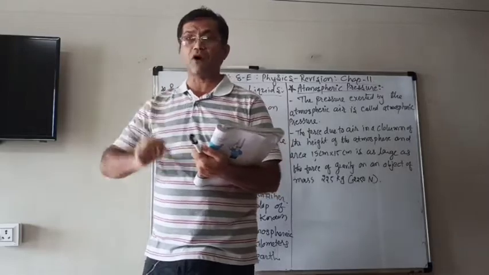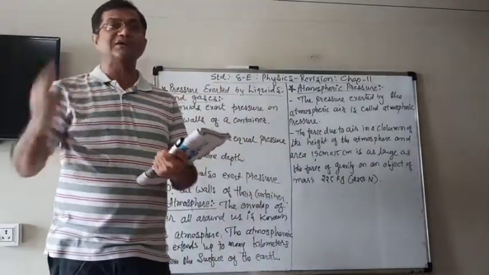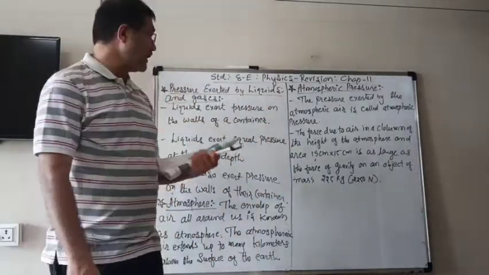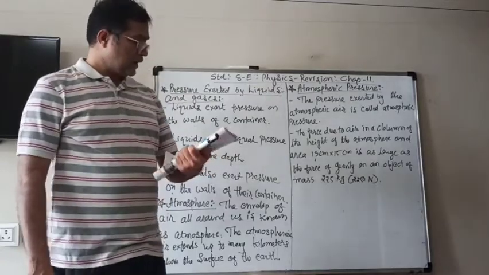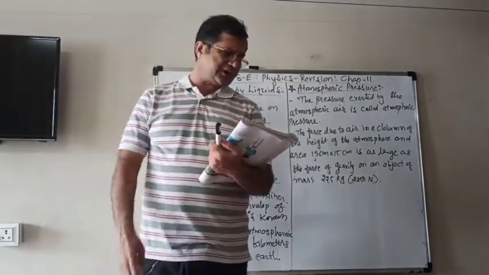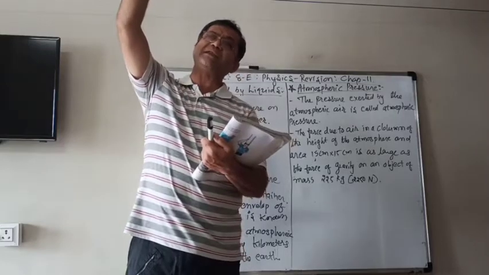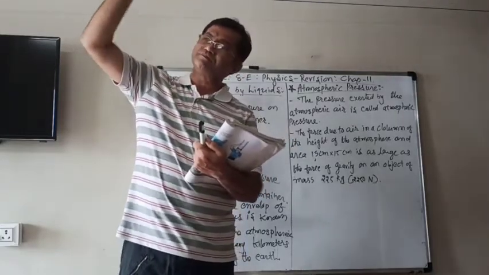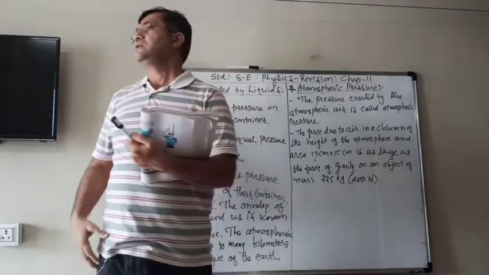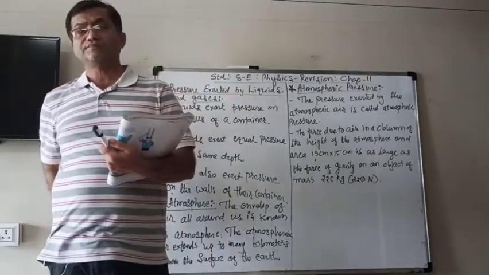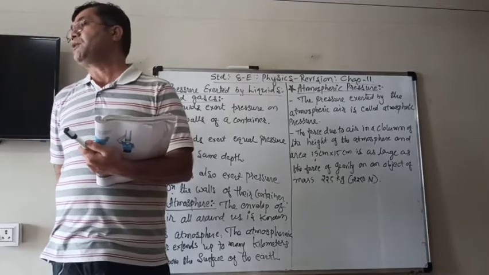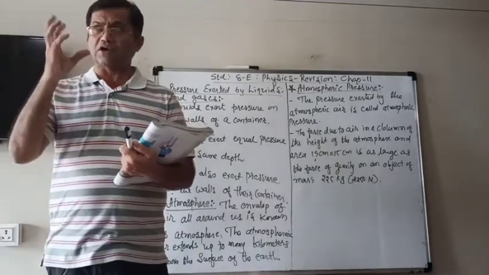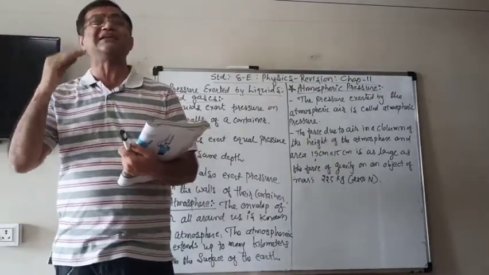The envelope of air around us is known as atmosphere. This atmosphere extends up to so many kilometers above. But as you go up and up, the air is getting thinner, and the components of the air are also getting less.